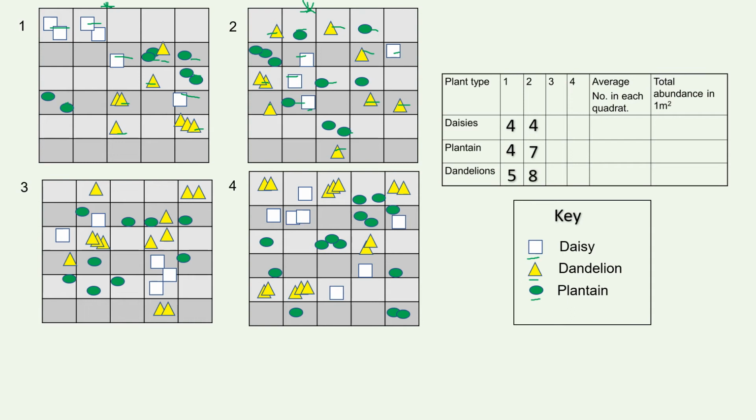Again, well done if you got that one correct. Now let's go for number 3. So squares again. So 1, 2, 3, 4 for daisies. Then plantain. So 1, 2, 3, 4, 5, 6, 7, 8, 9 for plantain.